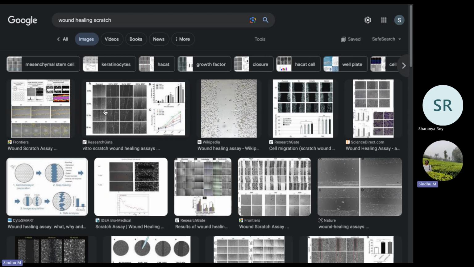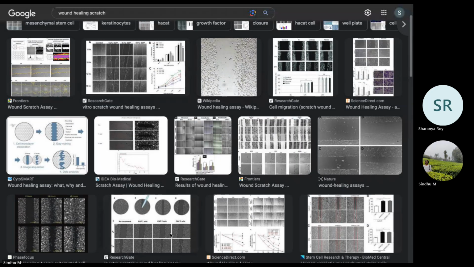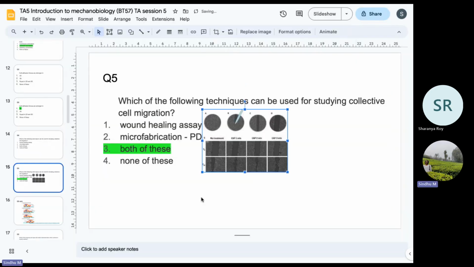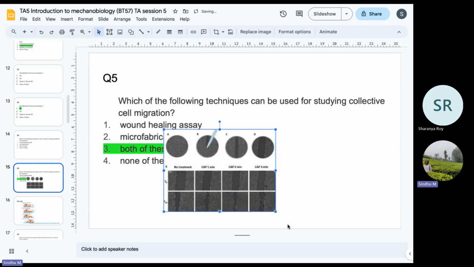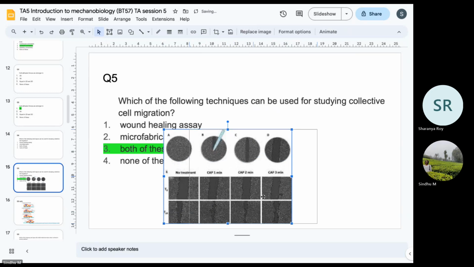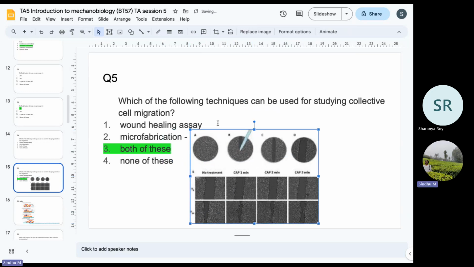I will just put an image here, then it will be easier to understand. Yeah, so something like this. That circle that they are showing here is the glass bottom dish, where first you culture the cells normally.